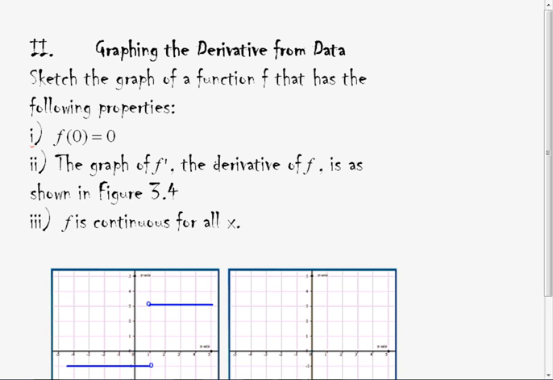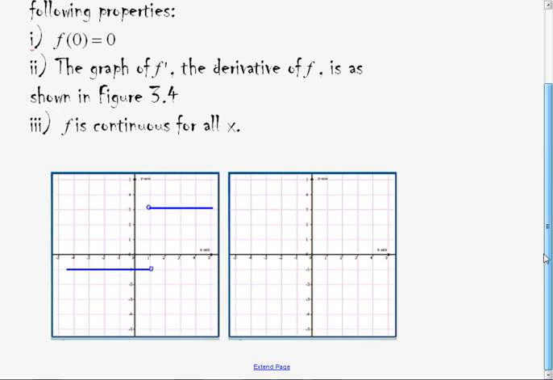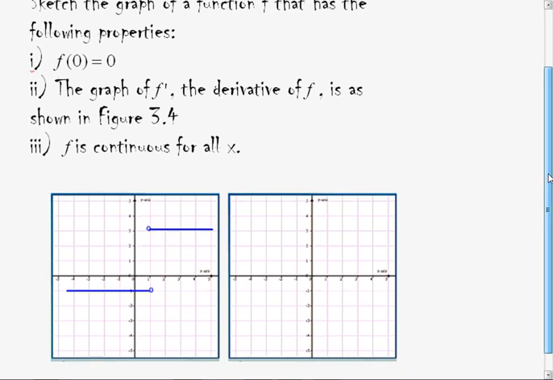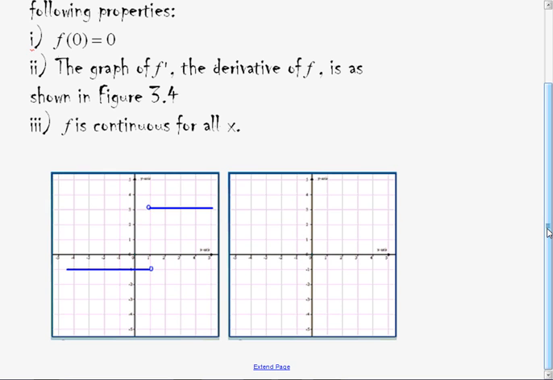Okay. Let's try to graph a function if we know what its derivative is. So on the left side, this is f prime of x, and this is f of x. We'll do a lot more of this later on. Now remember, what's f prime?